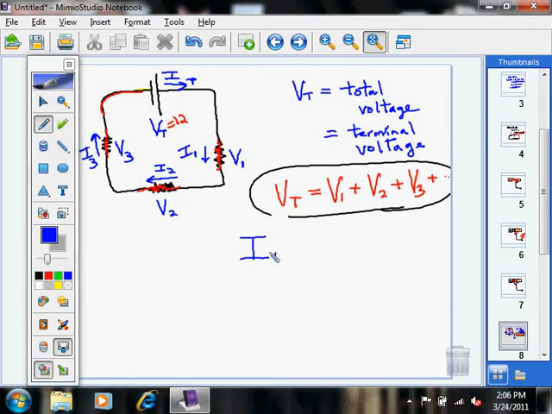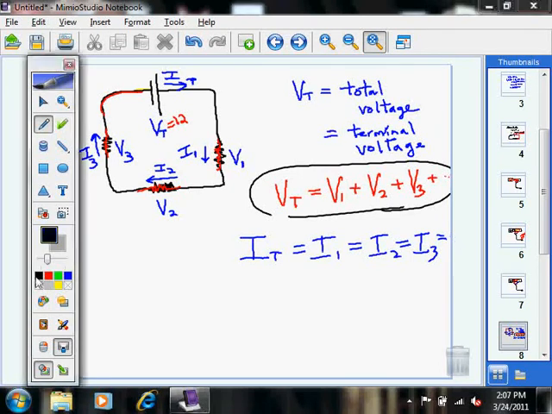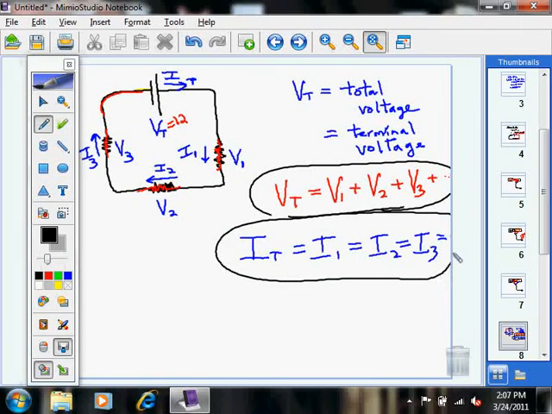IT is equal to I1 is equal to I2 is equal to I3 is equal to and so on. If there were more of them in series, they would all be equal to each other. The current stays the same. So that's our second hidden rule for series circuits.